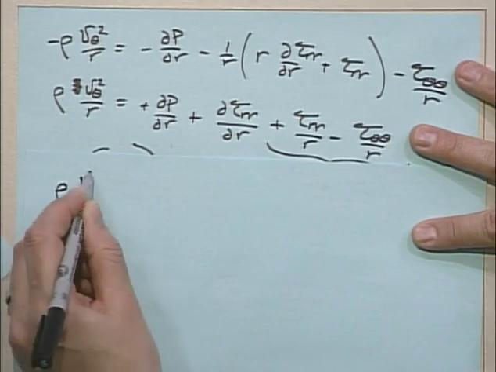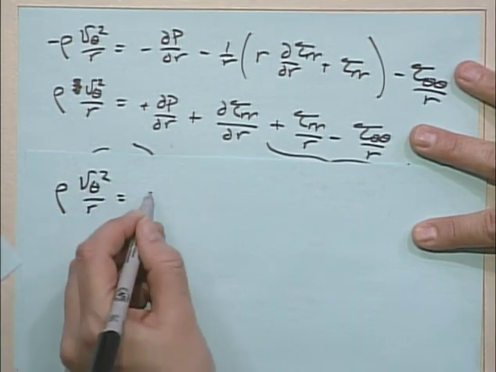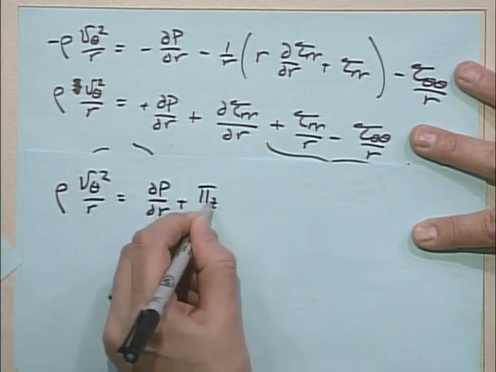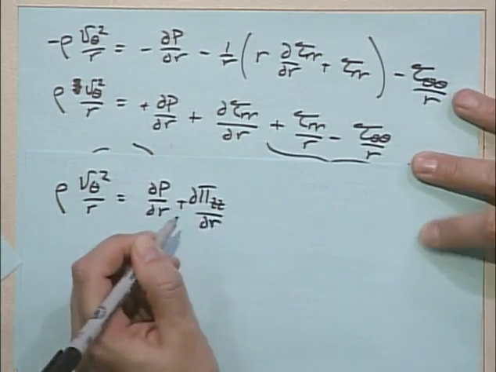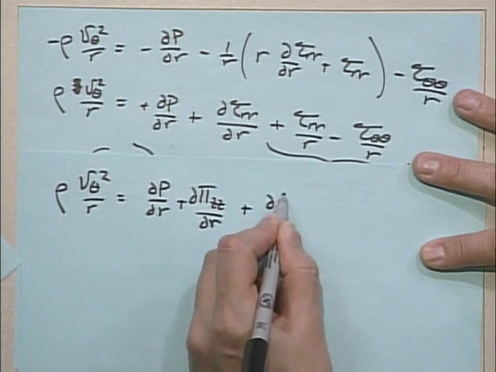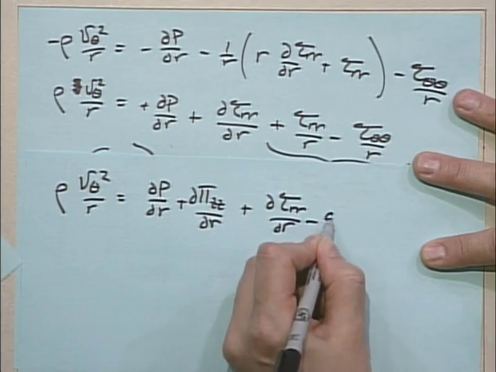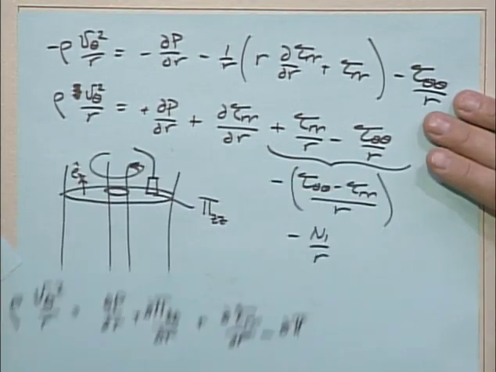Rho v theta squared over r equals dp dr plus d tau zz dr plus tau rr dr minus d... excuse me.